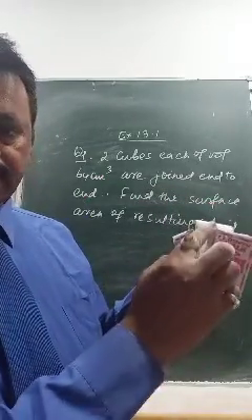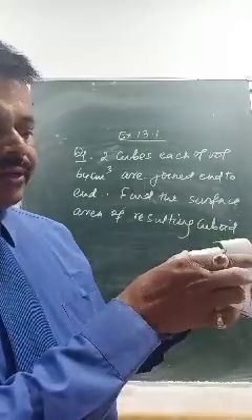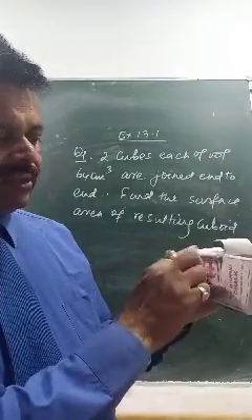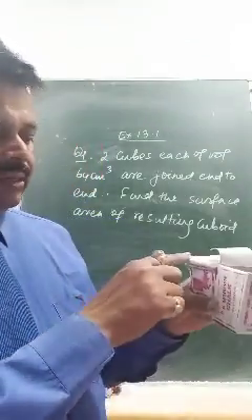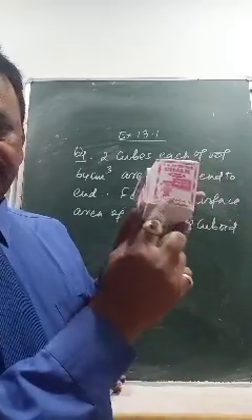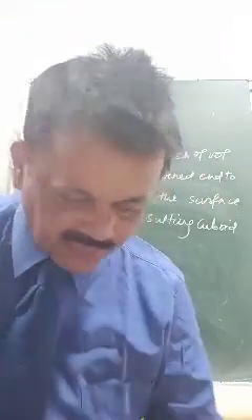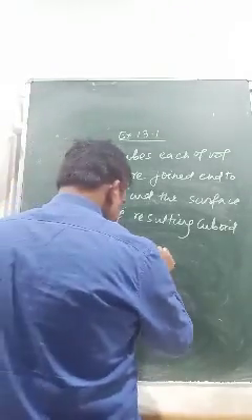Height is also the same. But the length becomes A and A, 2A. That means when the length, breadth, and height become different, it becomes a cuboid. That means this will be 2A, this will be A, this will be A. So if you join here, you will find it is like this now.